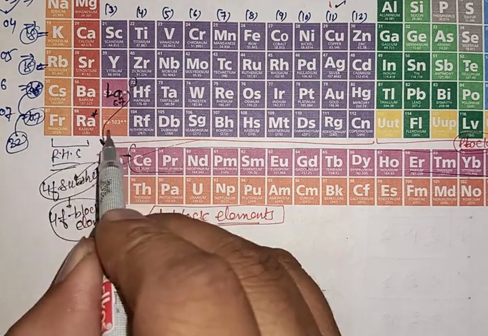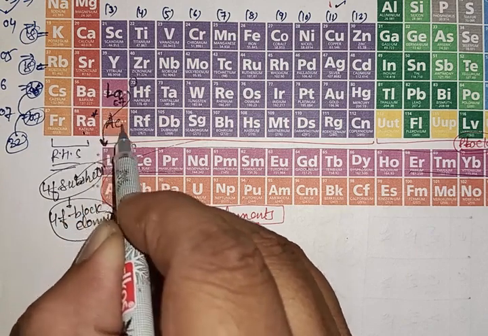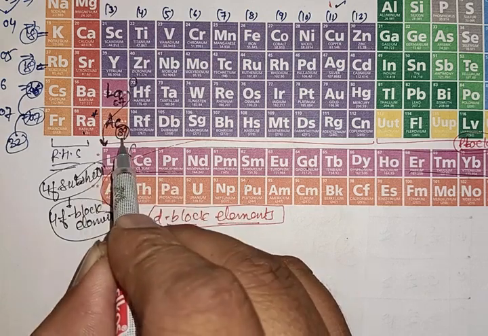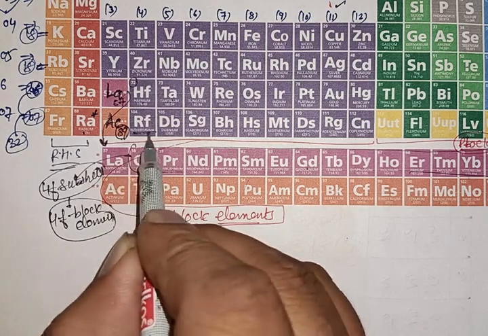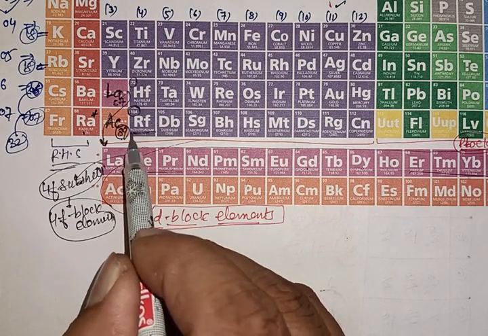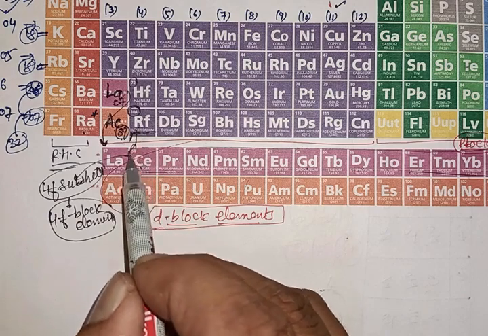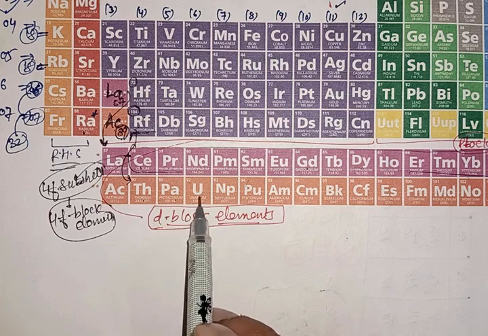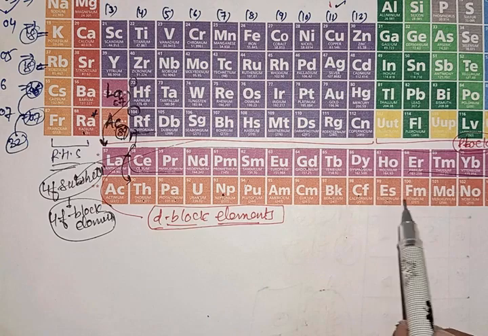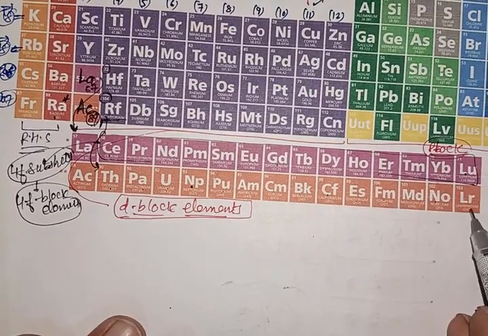Similarly, after radium, there is actinium of atomic number 89, and after actinium, in the modern periodic table, there is rutherfordium of atomic number 104. It means 14 elements are also missing between actinium and rutherfordium. These 14 elements are thorium, protactinium, uranium, neptunium, plutonium, americium, curium, berkelium, californium, einsteinium, fermium, mendelevium, nobelium, and finally lawrencium.